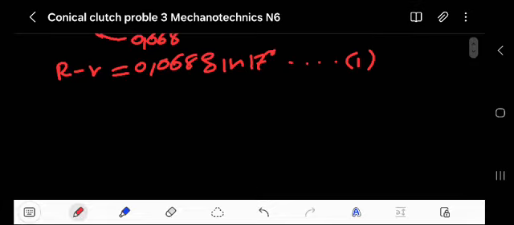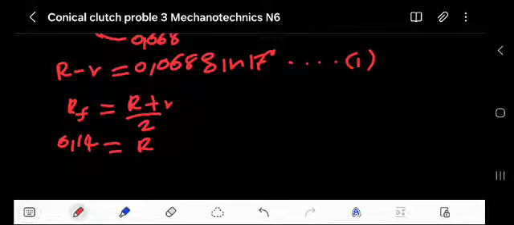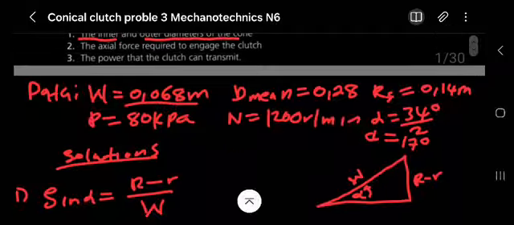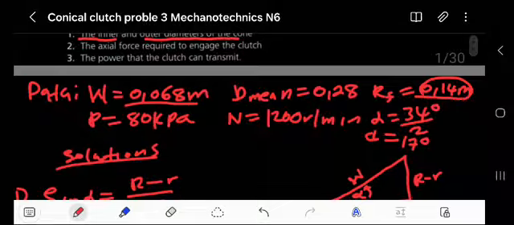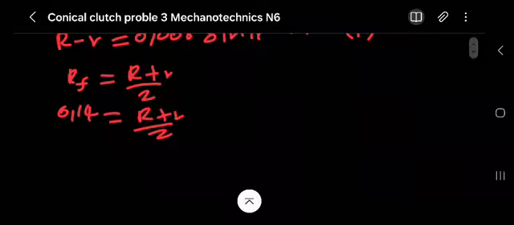What do we know about? Okay, we're given R_f, isn't it? We know that R_f is R1 plus R2 divided by 2. But R_f, we found, was 0.14. Then this is R1 plus R2 divided by 2, because here it's our R_f from the mean diameter.